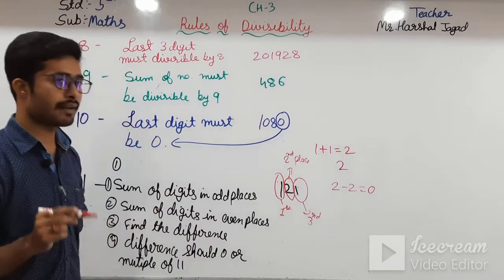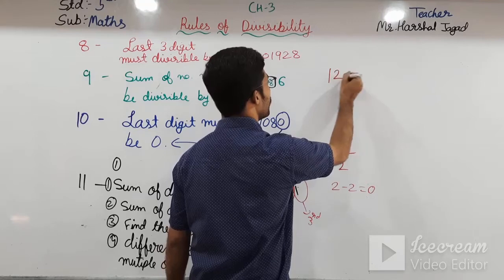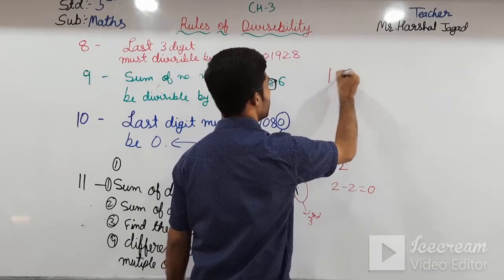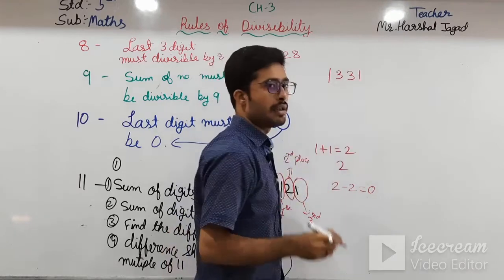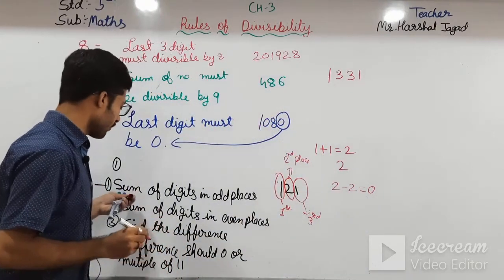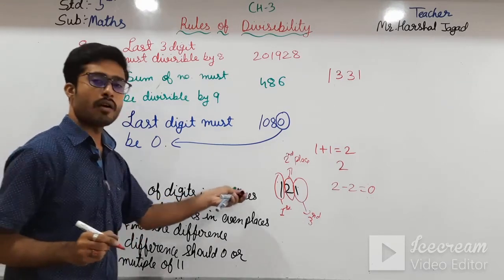Let us take another example. See here, 1 3 3 1. Now from this sum you can understand well. First of all, sum of the digits in odd places.